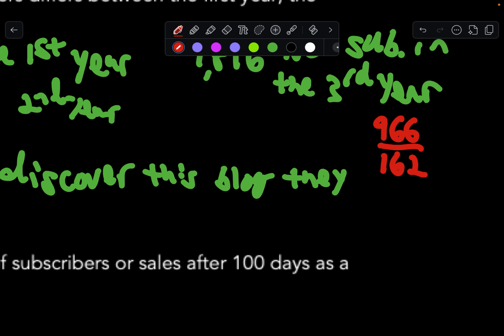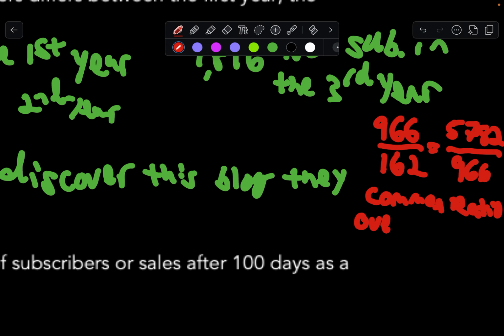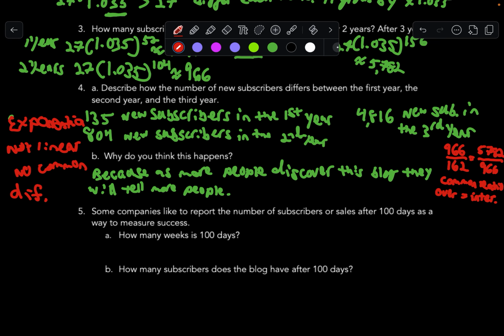Those are consecutive numbers in weeks, and that's the same ratio as 5,782 to 966. Okay, so it's a common ratio over equal intervals. So there you go. It's an exponential growth.